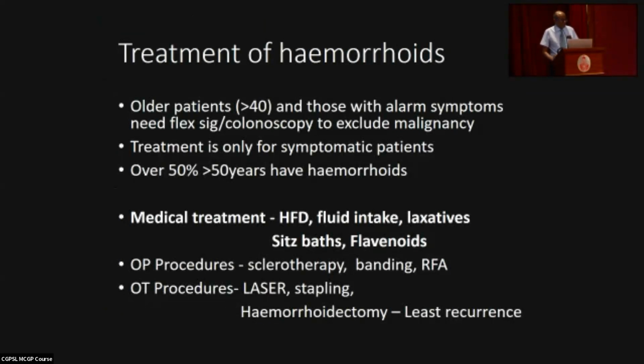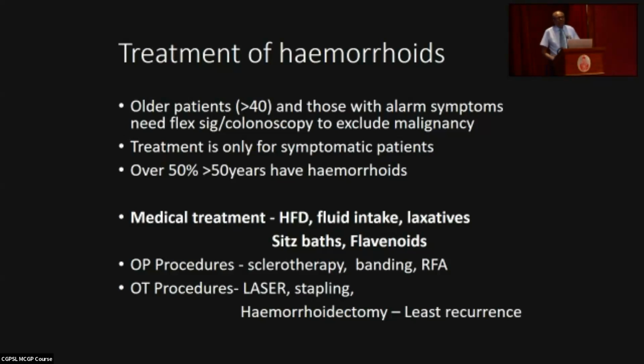So patients who are over the age of about 40 years and also those who have alarm symptoms like tenesmus, where the patient always has a persistent desire to defecate, or patients who have a sense of incomplete evacuation, or people who are constipated, all these people require either a flexible sigmoidoscopy or a colonoscopy to exclude malignancy. That is very, very important.